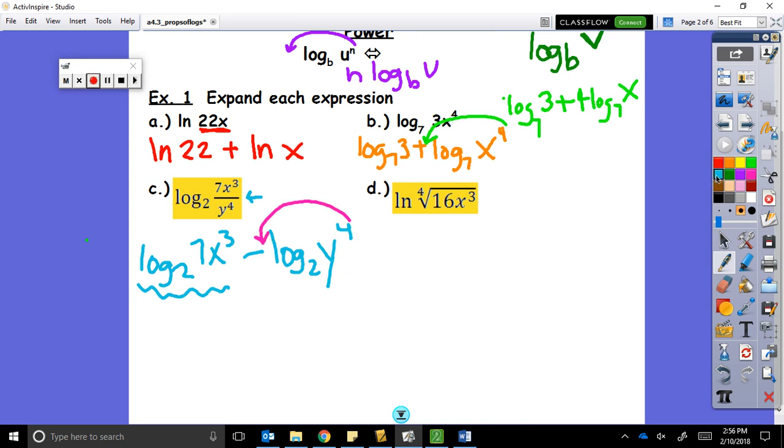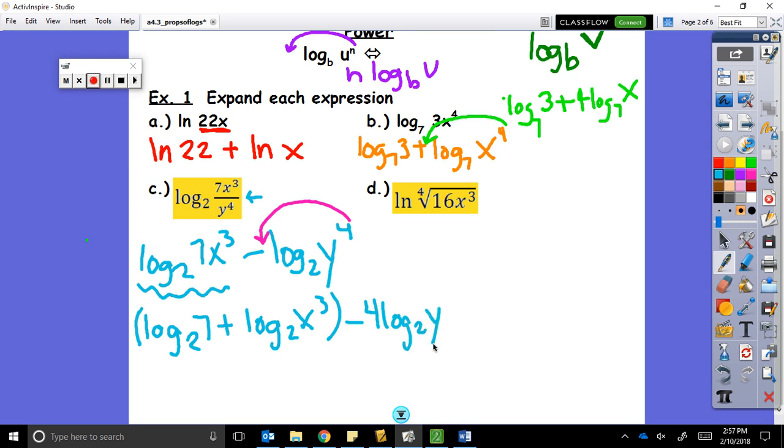Okay? So let's pull apart this. We're going to group those because those are being multiplied together. So log base 2 of 7 plus log base 2 of x to the third, group together, minus, pull that 4 out front, 4 log base 2 of y.